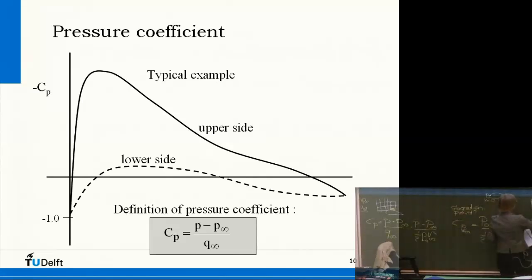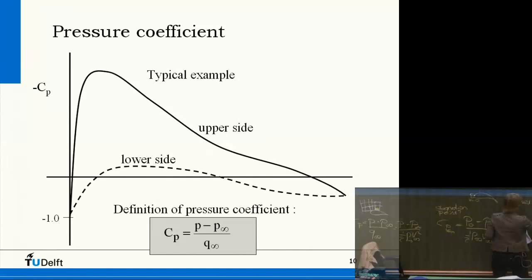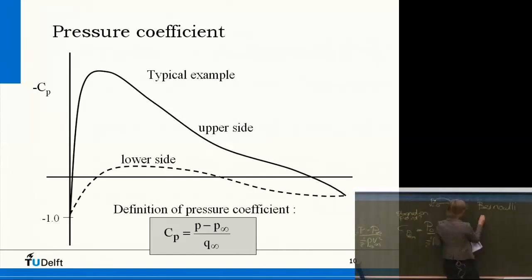So let's do Bernoulli. Then we have P plus half rho V squared, let's take this side on the infinite part, is constant, right?